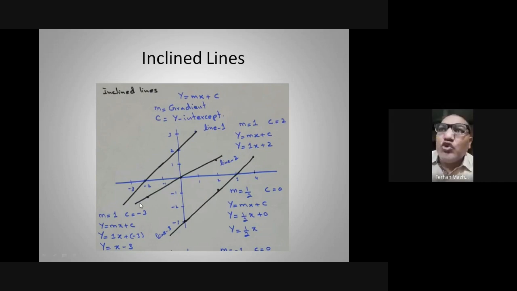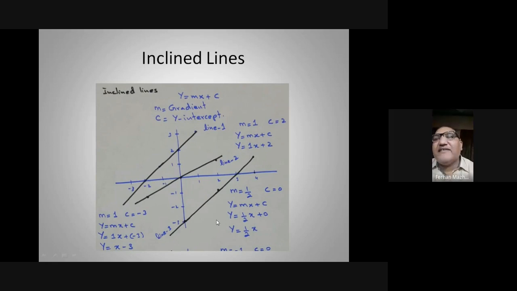In the same way, look at line number 2. It is given that its gradient is 1 by 2, and its y-intercept, where it cuts the y-axis, is 0, so the c value is 0. They want me to find the equation of line number 2.